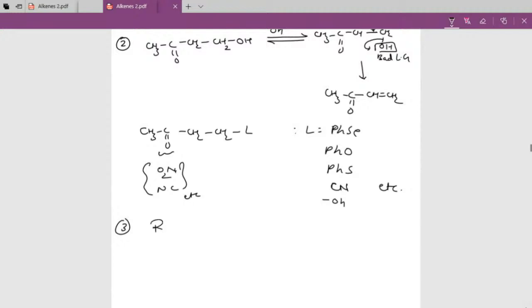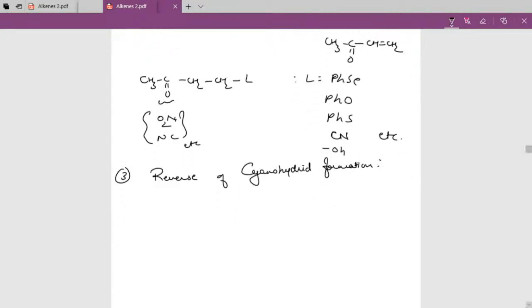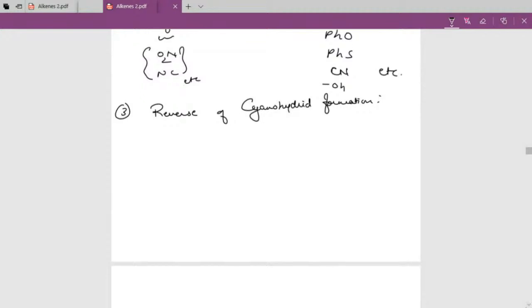Third is the reverse of cyanohydrin formation. That is also E1cB. Okay, that is also an E1cB reaction. RCHOHCN.